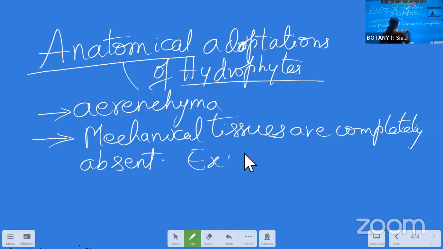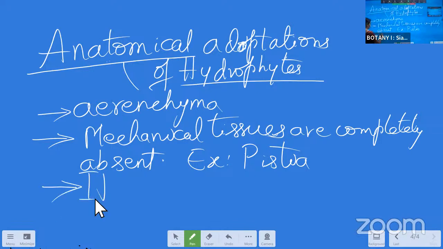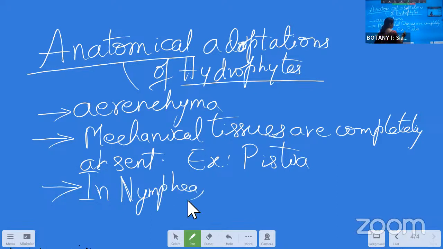Example is Pistia. And in some plants, in Nymphaea, we have to write with the example only. In Nymphaea, mechanical tissues are present in the petiole. That's what we have to write.